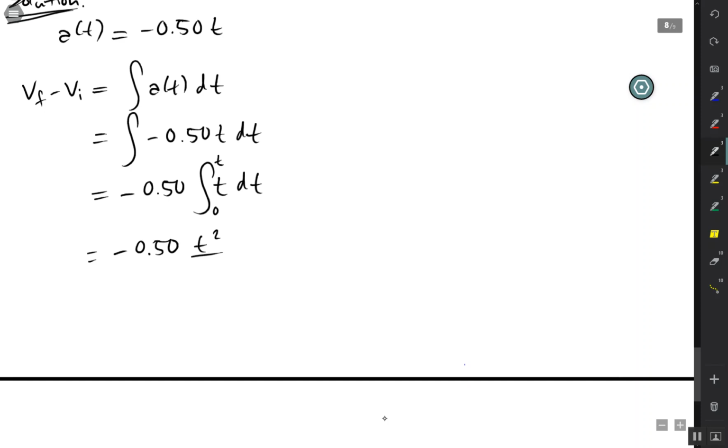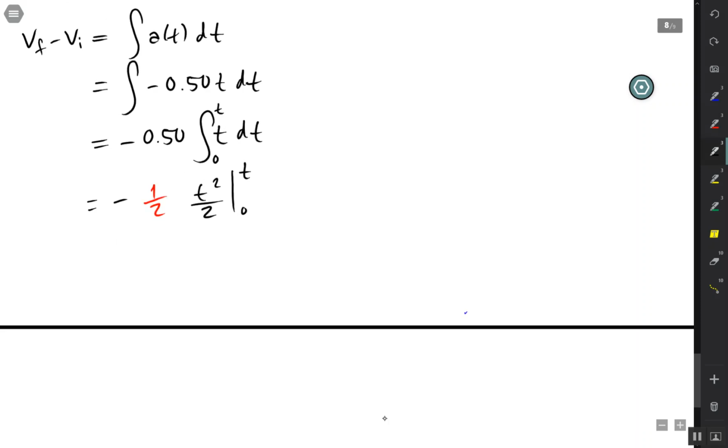And it becomes t squared over 2 from 0 to t. Now take note, I can change this 0.5 also into 1/2 as well, and then what I'm going to get is negative t squared over 4 minus a negative 0 over 4. Well, actually we don't even need that part at all.